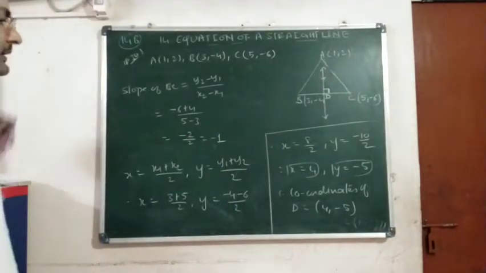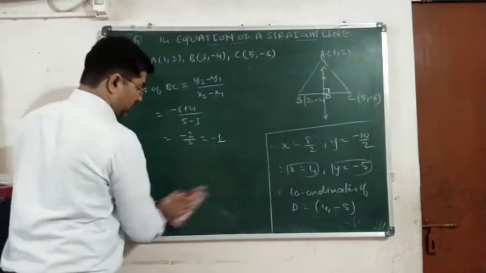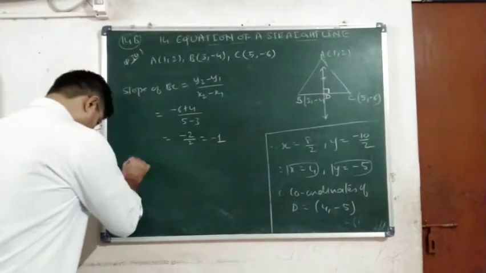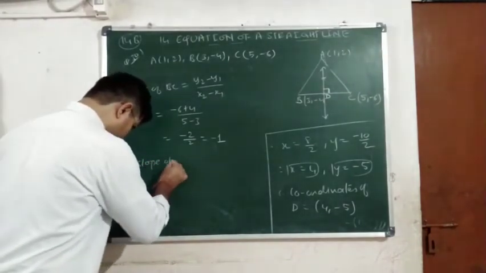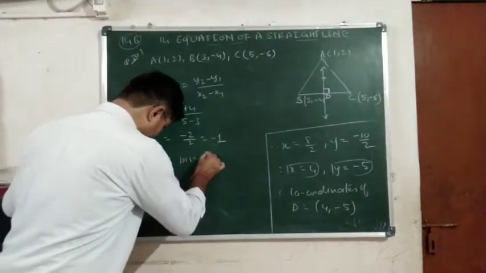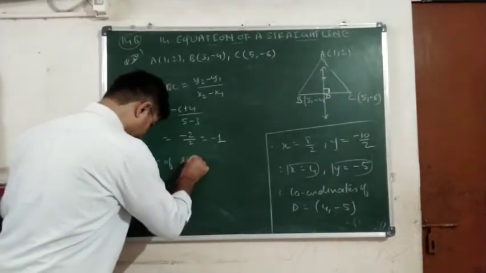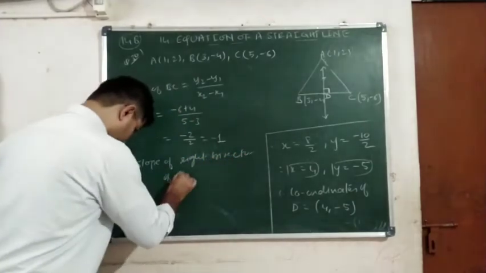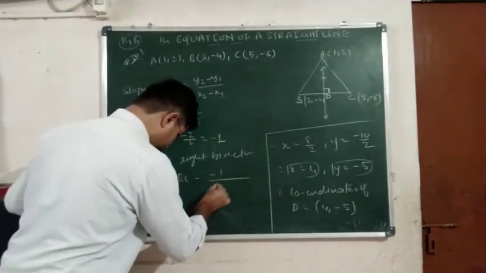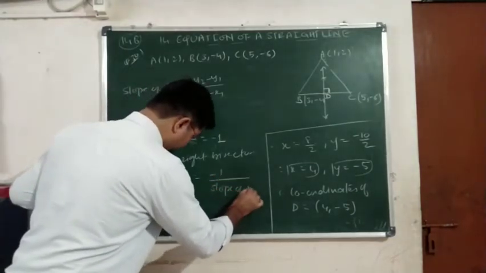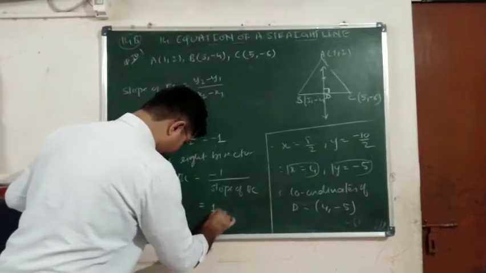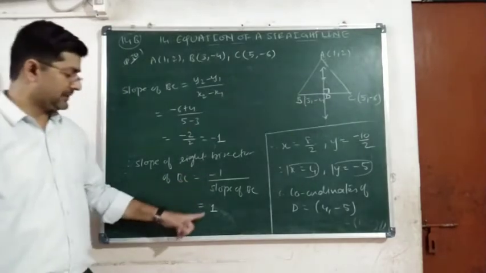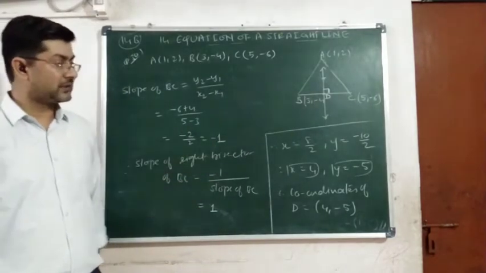This is the slope of BC, and therefore the slope of the right bisector of BC will be -1 upon the slope of BC, which will be equal to 1. Clear? So we got the slope of the right bisector, that is 1, and the right bisector passes through D.